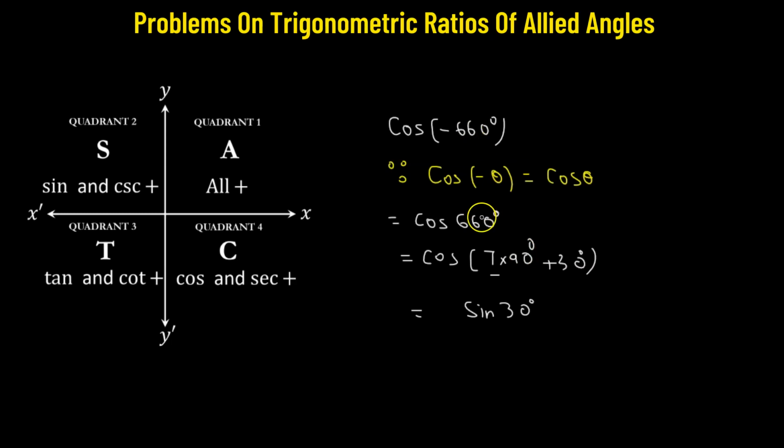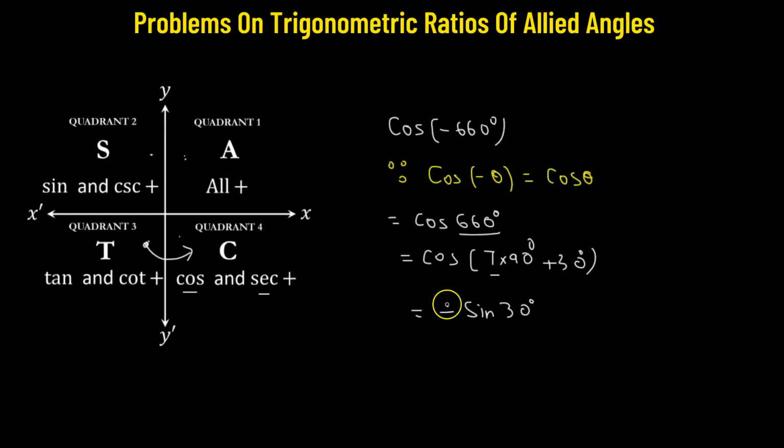Now let's check in which quadrant the angle 660 lies. We have 7 times 90. That means we are in the 1, 2, 3, 4, 5, 6, 7. The seventh quadrant corresponds to the third quadrant. But we are also adding 30 degrees to it, which is going to take us to the fourth quadrant. In the fourth quadrant, cosine and secant are positive, everything else is negative.